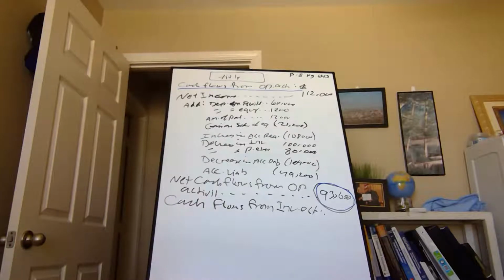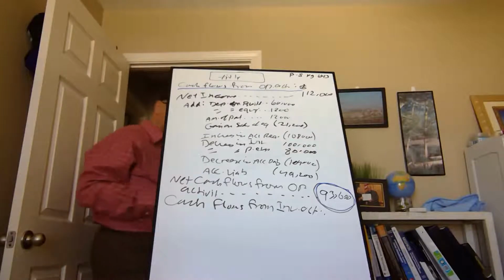Okay, 4,000, and then you add that to the gain. So the total inflows was 25,200. 21 plus the book value will give us 25,200.